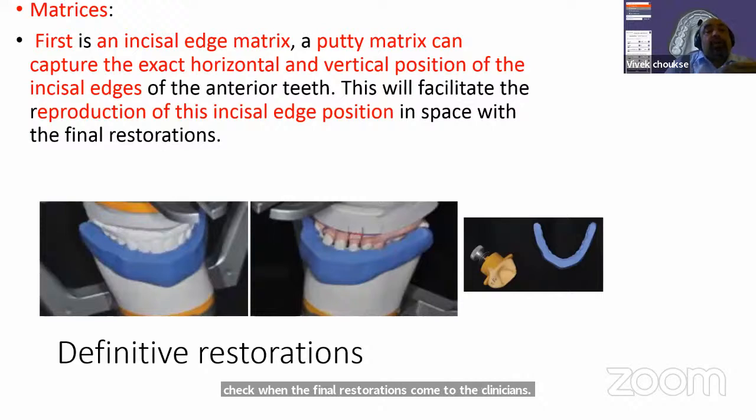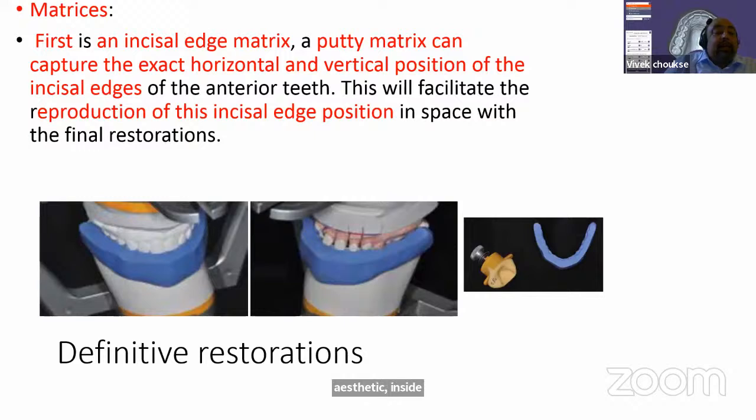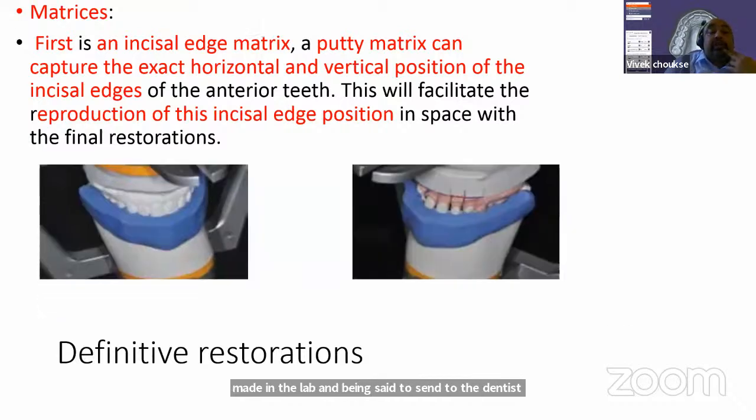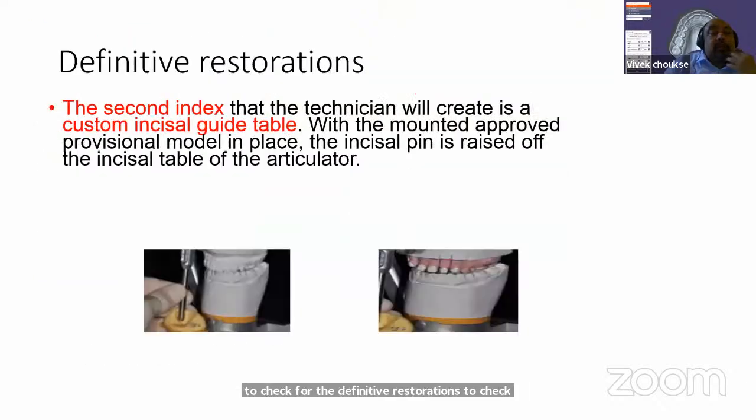This is how the incisal index and the aesthetic incisal edge position index are made in the lab and sent to the dentist to check the incisal edge positions of the definitive restorations.